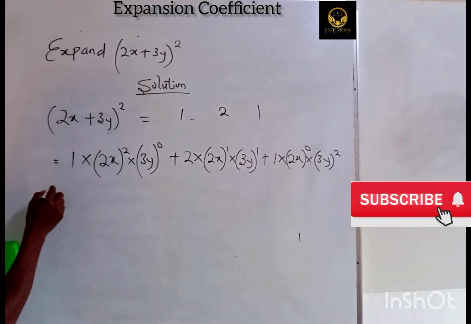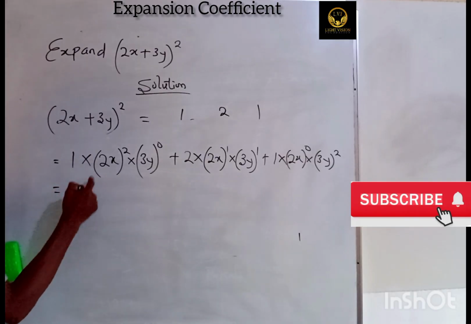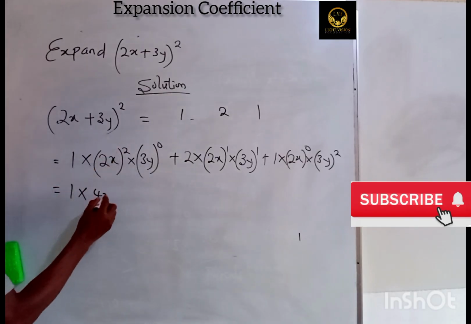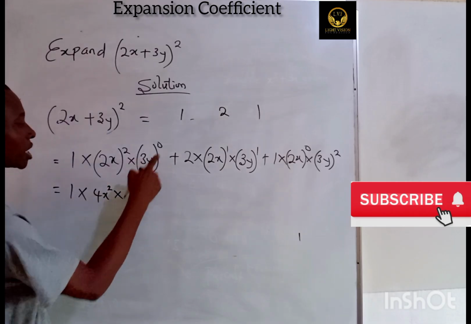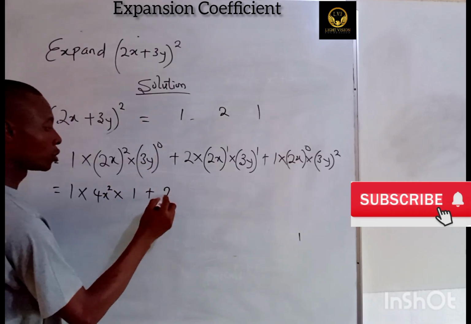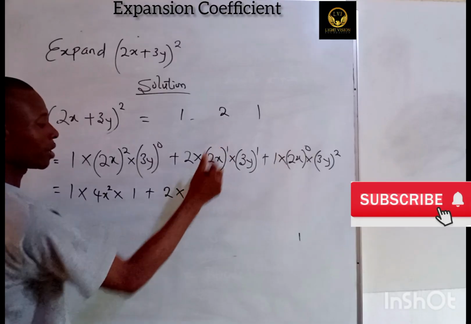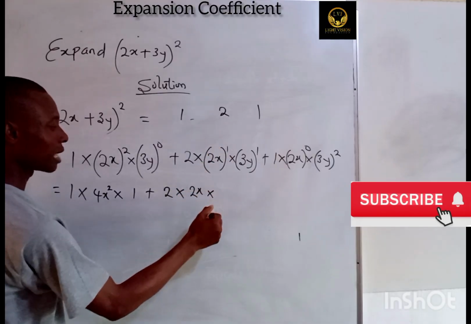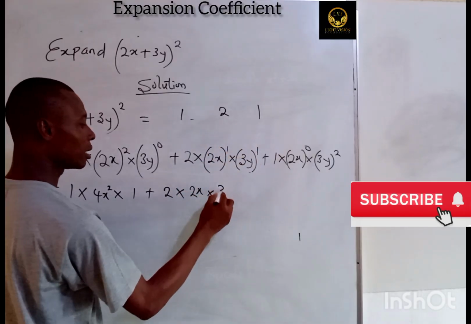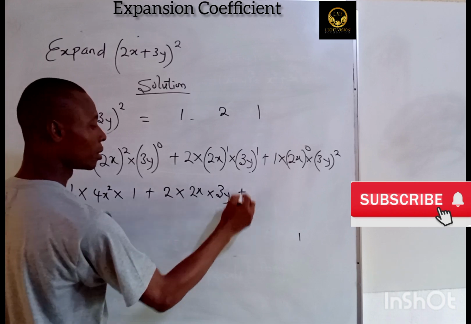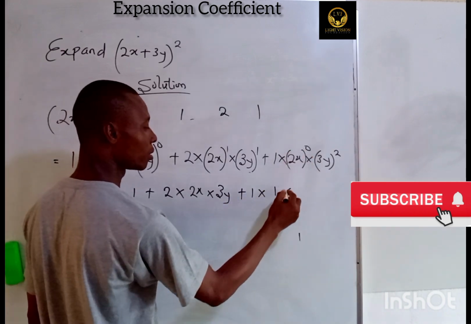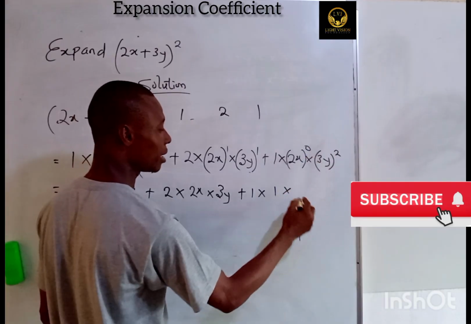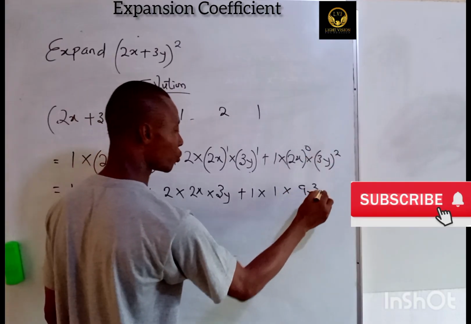Okay, this becomes 1 times 2x squared is what? 4x squared times 1, plus, because 3y raised to power 0 is 1, 2 times 2x raised to power 1 is 2x times 3y raised to power 1 is 3y, plus here 1 times 2x raised to power 0 is 1 times 3y squared is what? 9y squared.